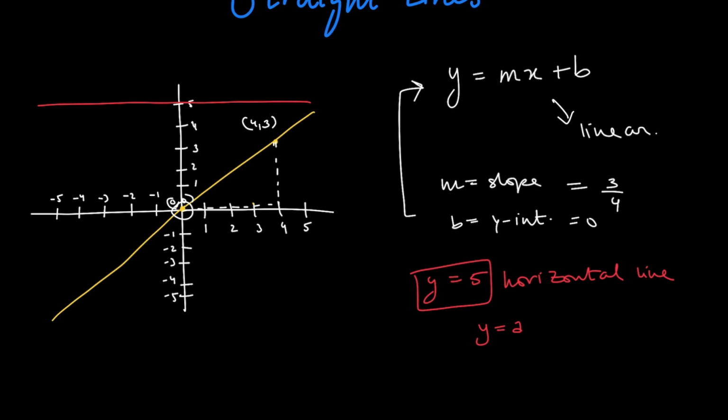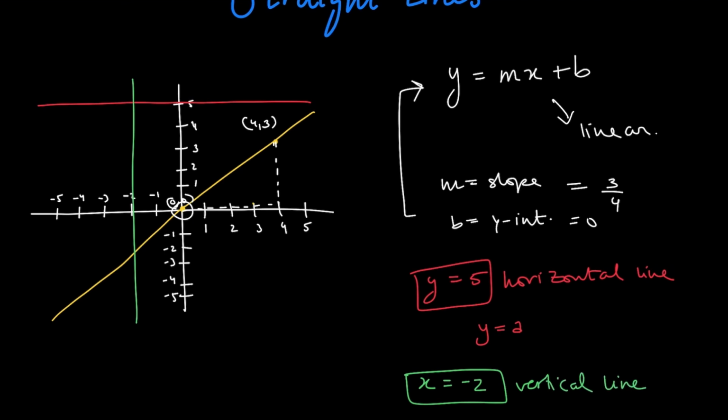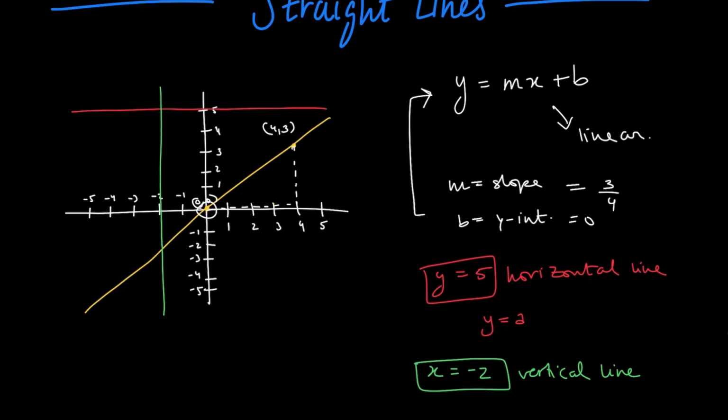Similarly, if we have a vertical line at x equals -2, we can say that the equation of this would be x equals -2, and this can be represented by x equals a.